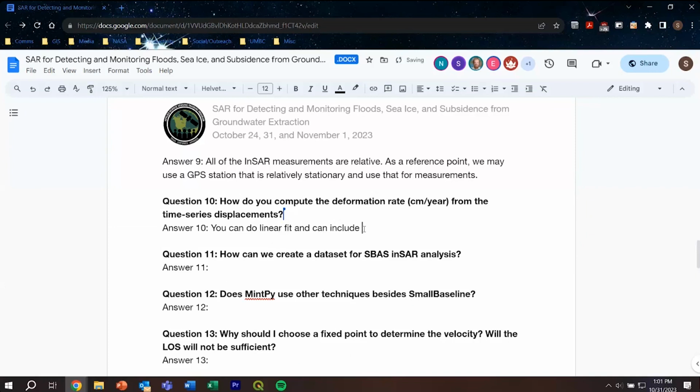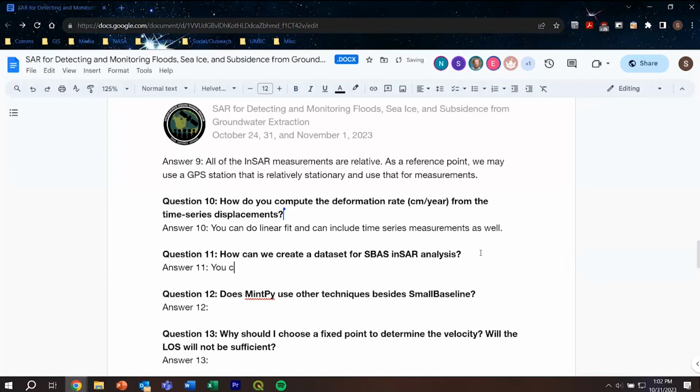Okay, so the next question, number 11, how can we create a data set for SBAS InSAR analysis? We can do that with a number of processing packages. There's the ARIA pre-processed interferograms that we used in this demonstration.